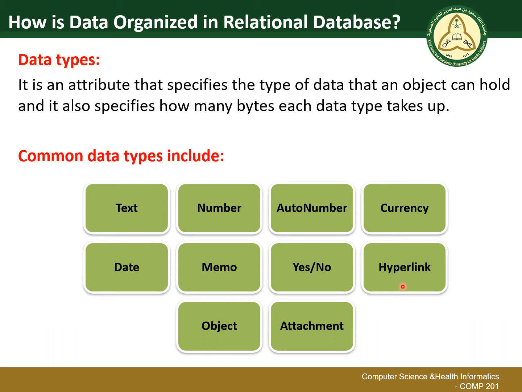So it can be used to store a website address or email. The objects can store pictures, audio, video, and attachments is used to store files such as documents, and multiple files can be attached to the record.